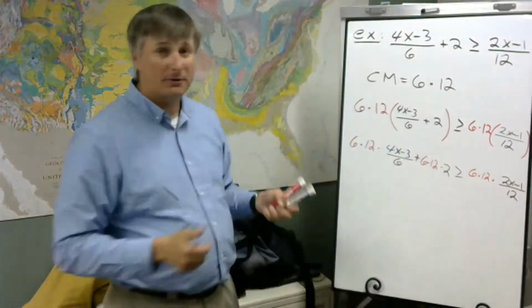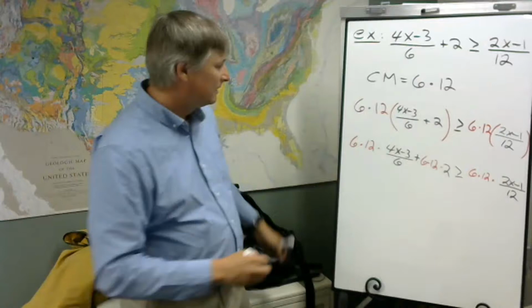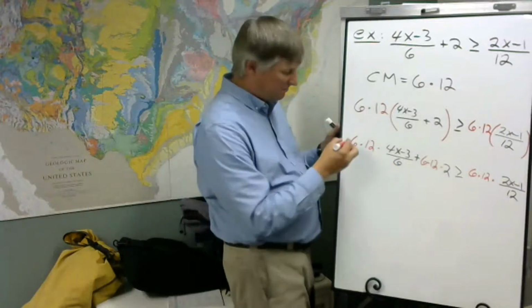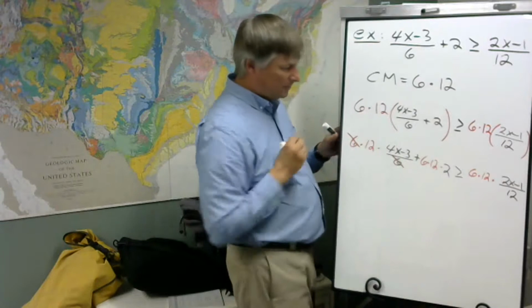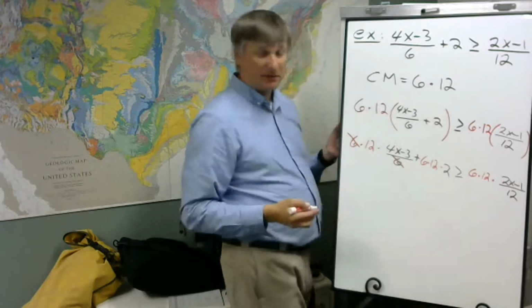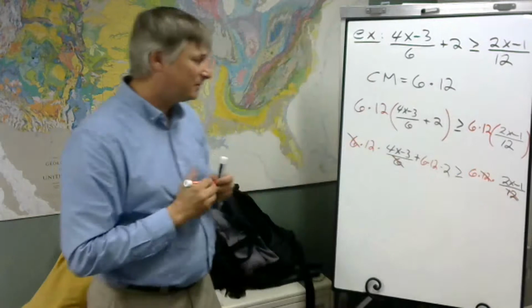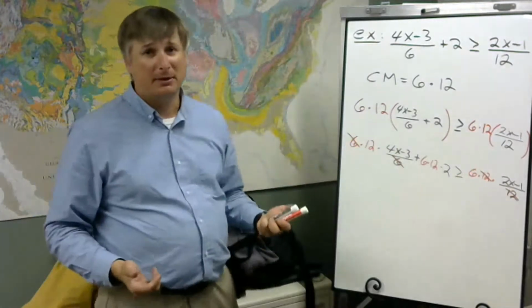And now we're going to look for cancellations. 6 above, 6 below, kind of like reducing fractions. Those will cancel. Nothing to cancel here. And then a 12 above and a 12 below, those cancel. And so we've gotten rid of those denominators.